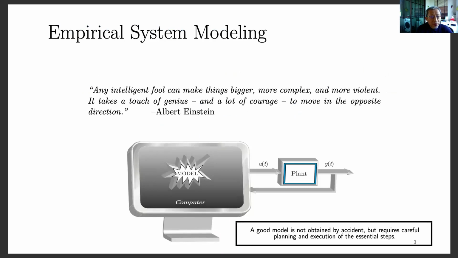Albert Einstein gave an opinion that any intelligent fool can make things bigger, more complex, and more violent. It takes a touch of genius and a lot of courage to move in the opposite direction. So system ID is an alternative way, the opposite direction, instead of the analytical model, which we use for forward modeling.